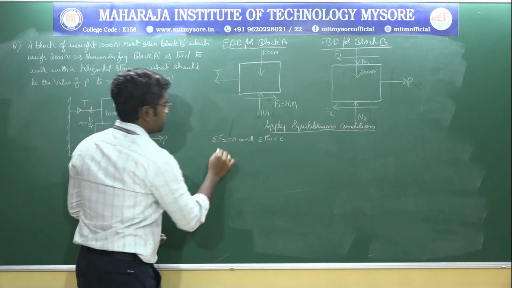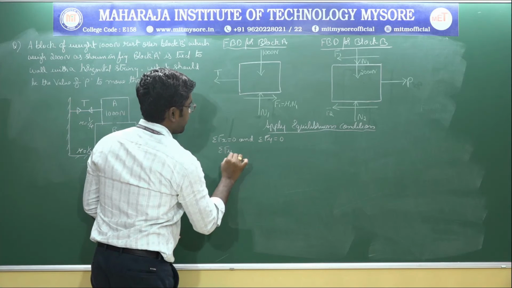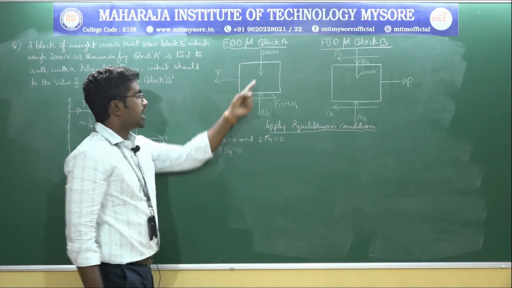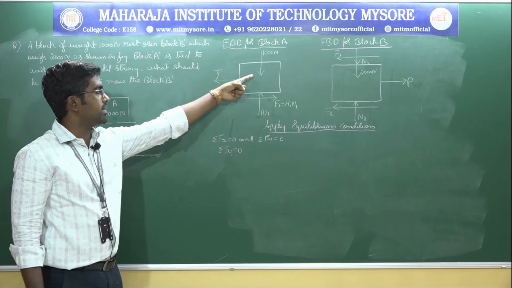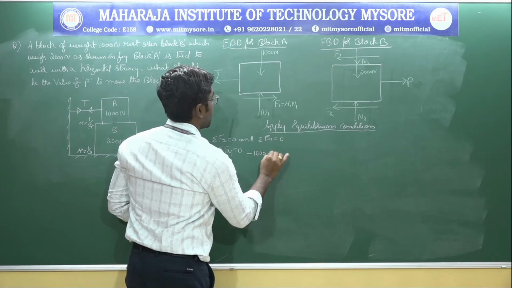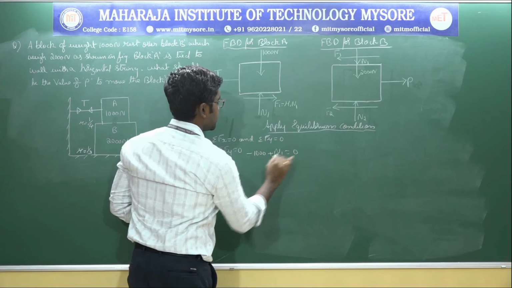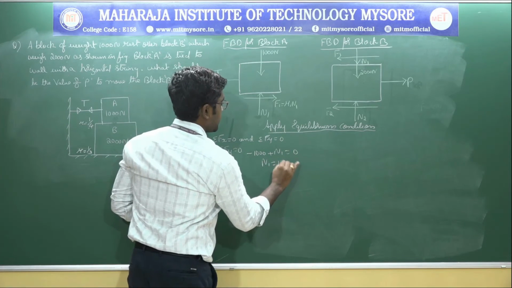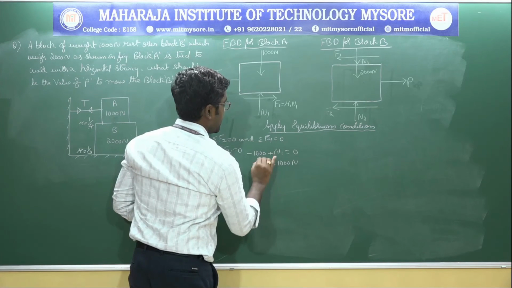So let me apply the first condition, that is summation of Fy is equal to 0. There are two vertical forces here, this will be minus and this will be plus, that is minus 1000 plus N1 is equal to 0, therefore N1 is equal to 1000 Newton.